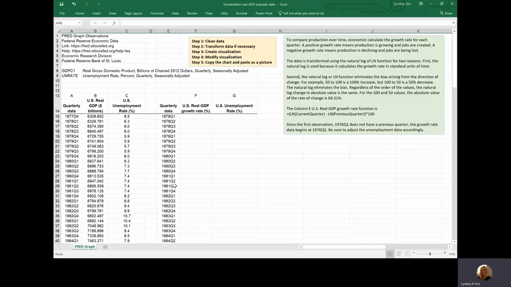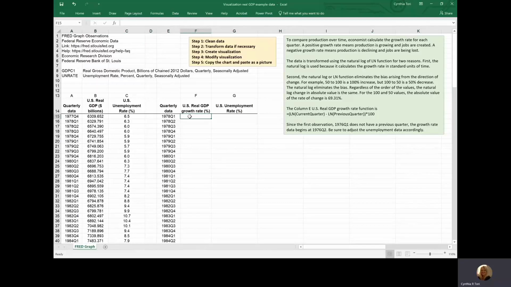Our formula that we will use to calculate the real GDP growth rate is equals the natural log of the current quarter minus the natural log of the previous quarter. That gives us the value of the growth rate as a decimal, so we will multiply it by 100 to put it in percentage terms. Remember, we are beginning the data at 1978, quarter 1.